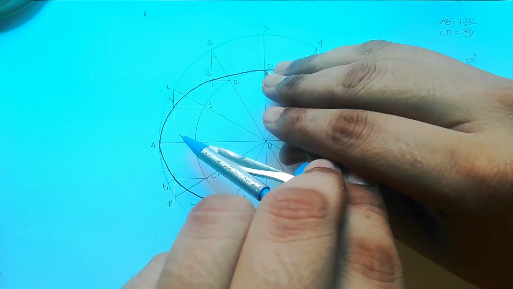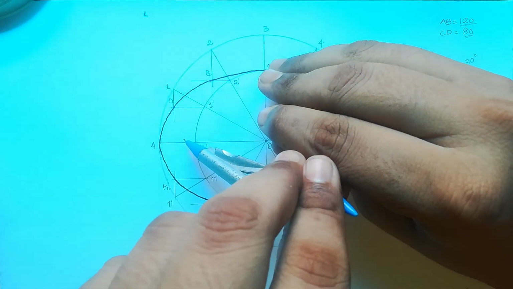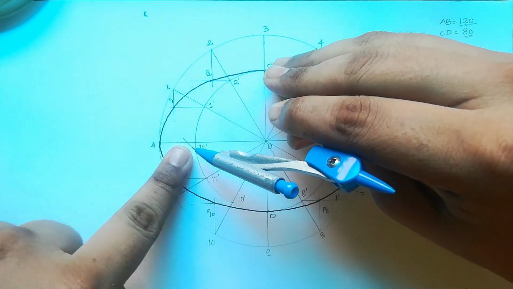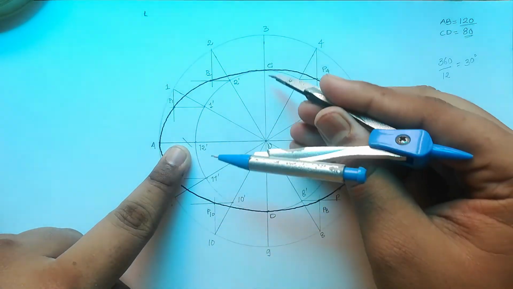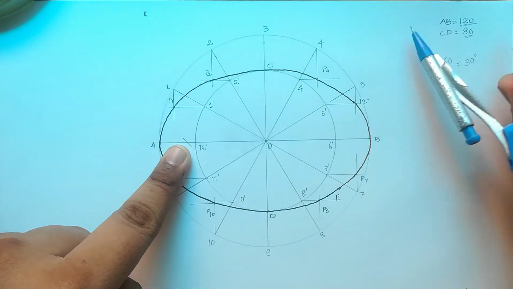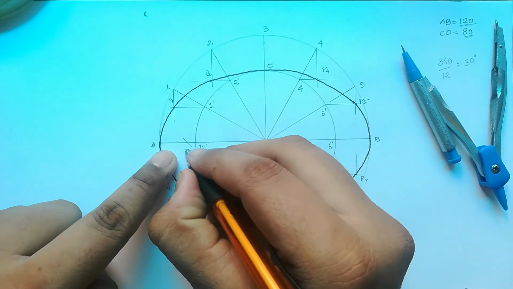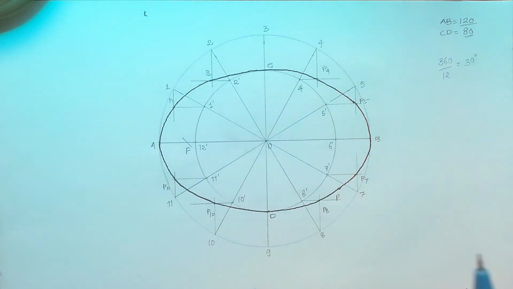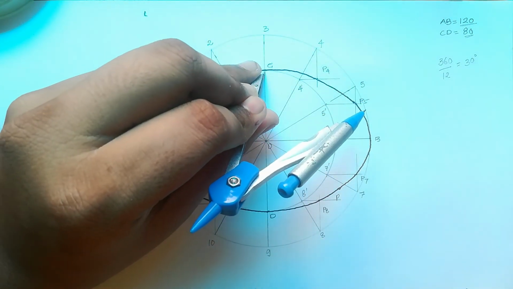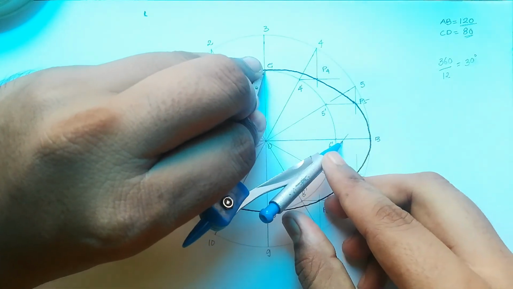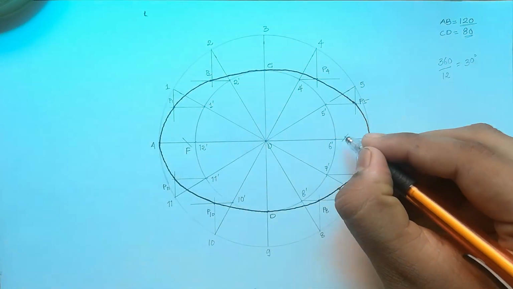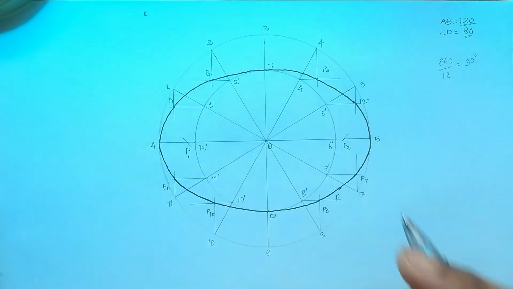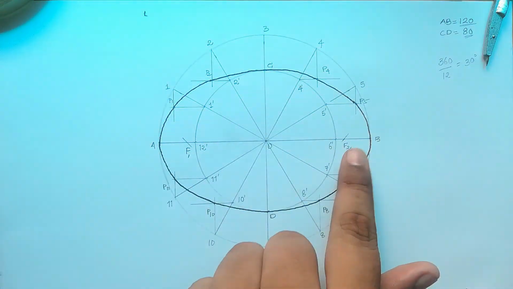Let me say this is point C, and I will mark that distance on the major axis. So the distance from point C to the focus is equal to half of the major axis. I can do the same thing for the second focus from point C. So this is my focus number 2. So I have received my focuses.